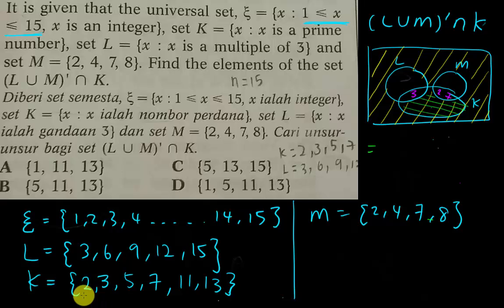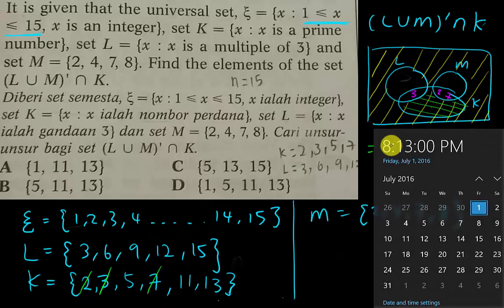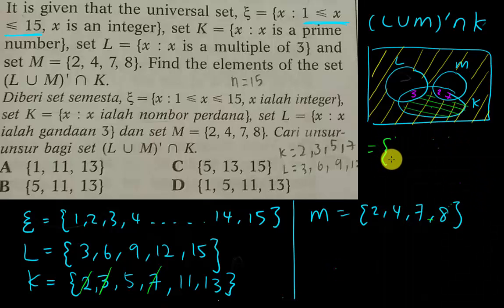Correct or not? I will take everything of K, but I must exclude 3, 2, and 7. So my final answer will be 5, 11, and 13. Therefore I will pick my answer B, which has 5, 11 and 13.